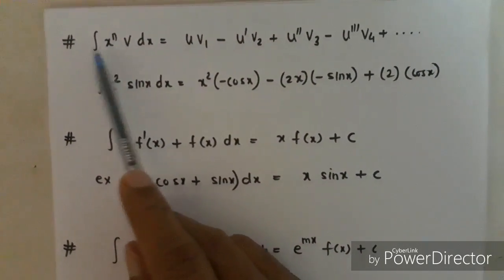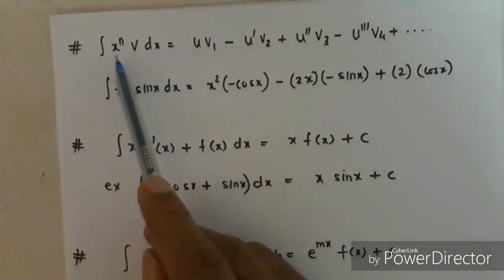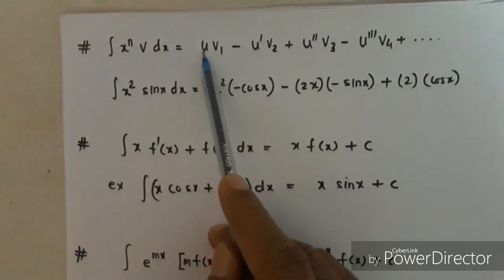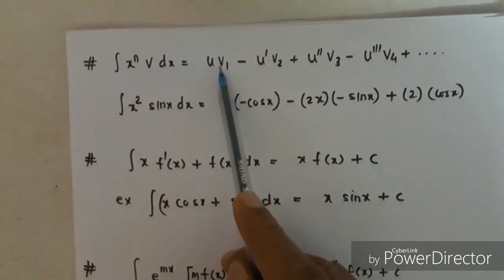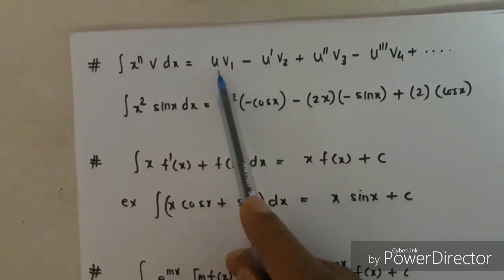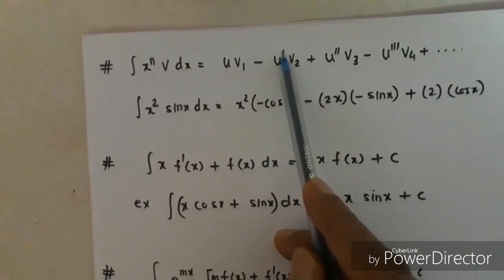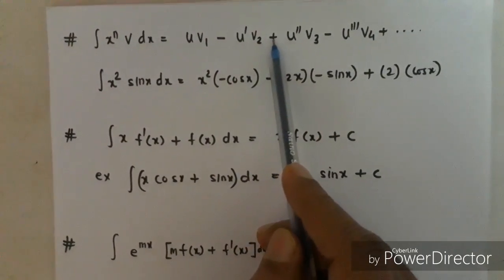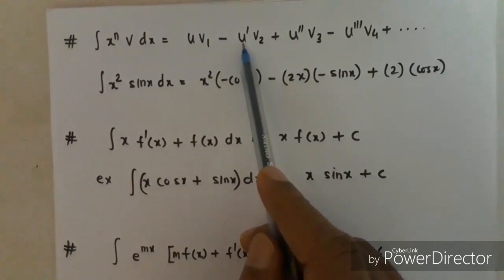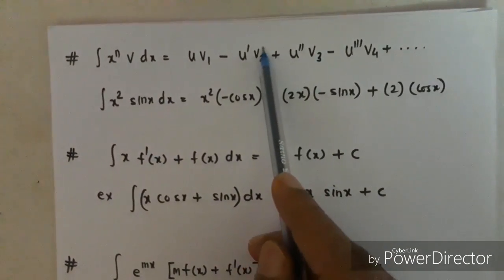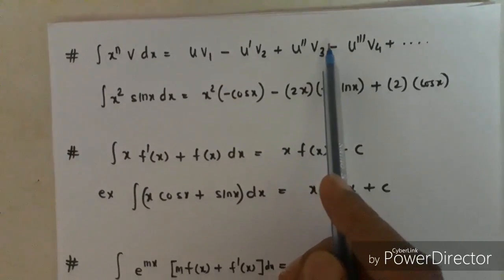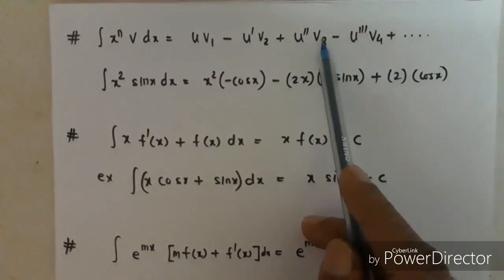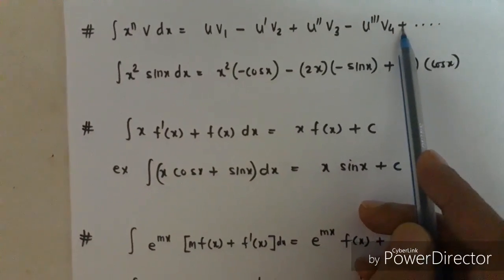Next method is integral x raised to n into v dx. I consider this x raised to n as u, suppose. So I write the first term as it is, integral of v, that is v1, put minus sign, derivative of this term, that is u dash, into integral of v1, which is v2, then put a plus sign, derivative of u dash is u double dash, then integral of v2, that is v3, put a minus sign, derivative of u double dash, that is u triple dash, integral of v3, that is v4 plus, and so on.